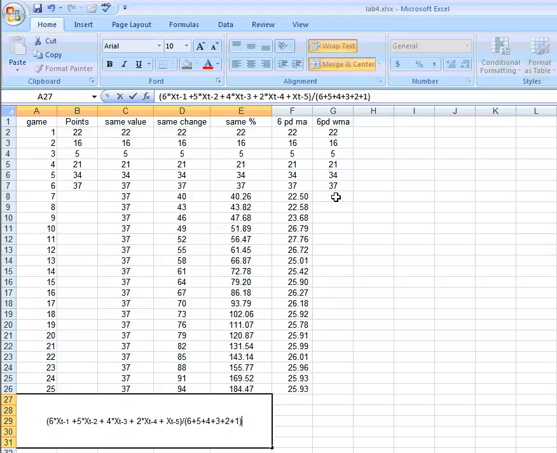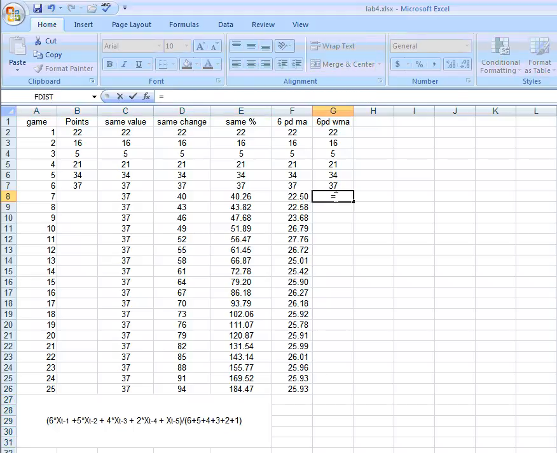So up here we can do equals 6 times the previous one plus 5 times the one above it plus 4 times the one above that plus 3 times the one above that plus 2 times the one above that plus the one above that.